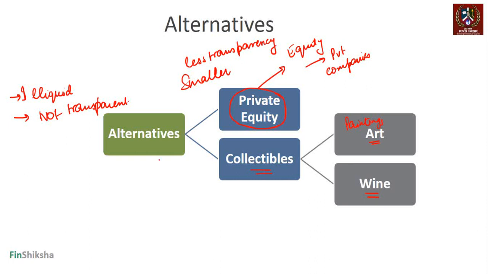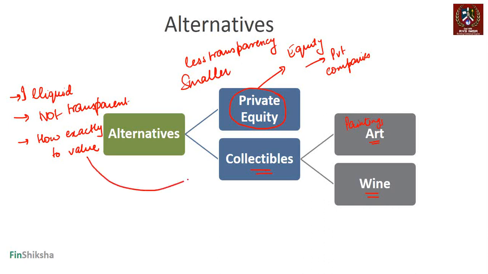Secondly, if you look at art or wine, you do not know how exactly to value, right? I could like a painting more than you. I would be willing to pay more for the same painting than you. That doesn't help. That makes things difficult in that context, right? Same is the case with wine.